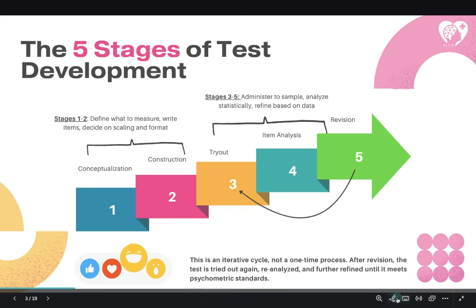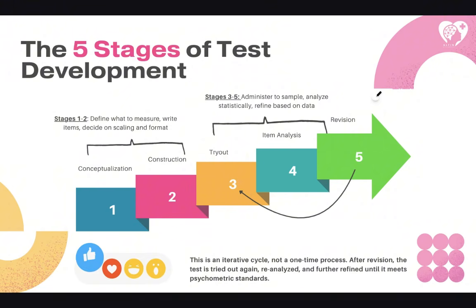So yeah, those are the 5 stages. We conceptualize, we construct the items through deciding on the scaling and format. We try it out in a certain sample. We analyze the items, see which ones have a small item discrimination index, a small item reliability index. Those with small R values, we remove, and then go back to the process of revising it.